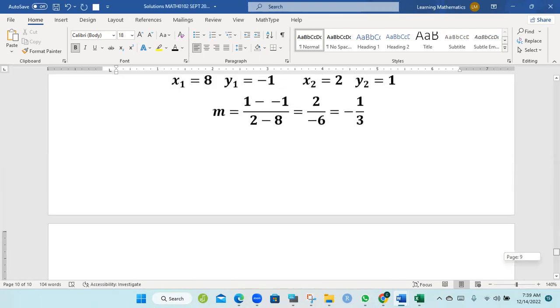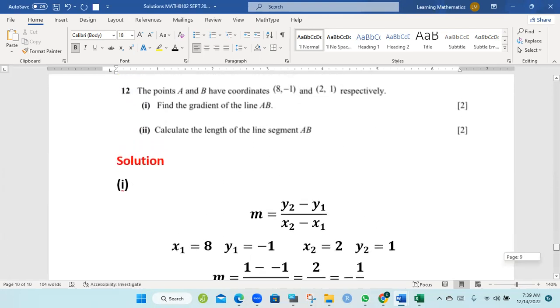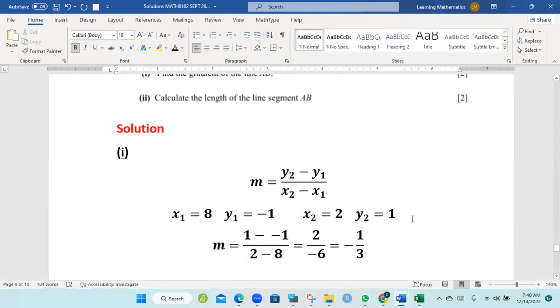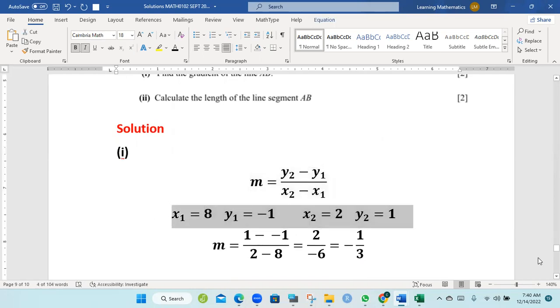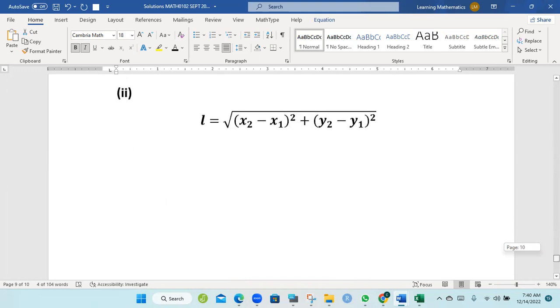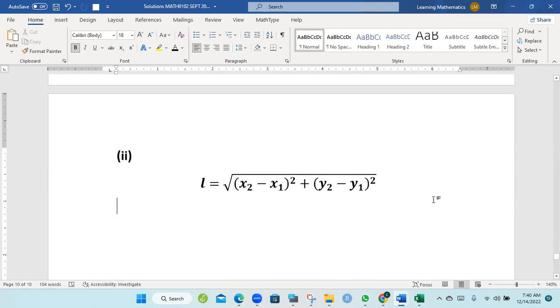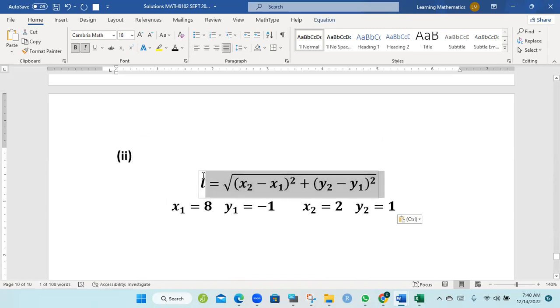We have identified x1, y1, x2, y2 already, so we can just carry this forward and then substitute in the formula for length of line.